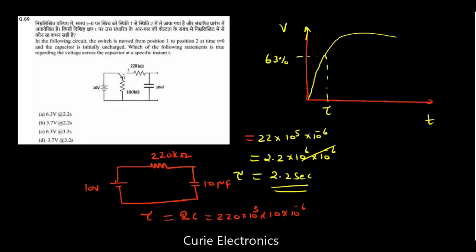So what is the option? Option A, 6.3 volt at 2.2 seconds. That is the right answer. 63% of 10 volt is 6.3 volt. In one time constant, the capacitor will charge up to 6.3 volt. So option A is the right answer.